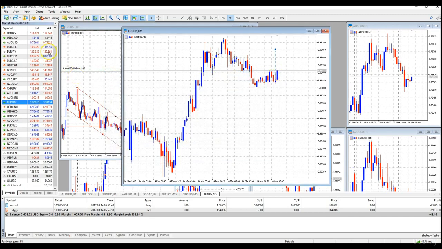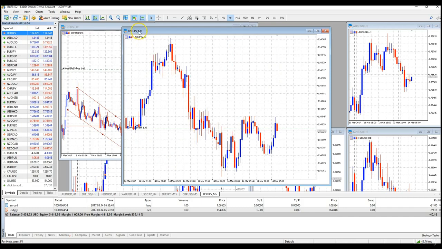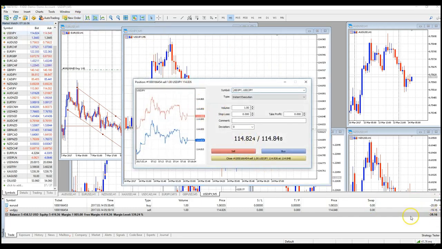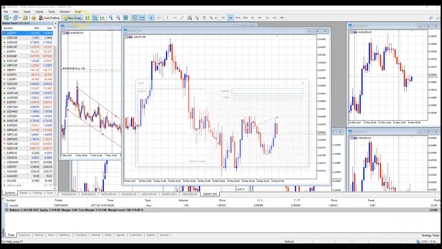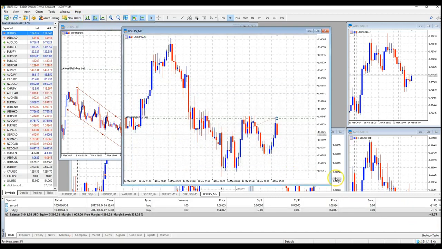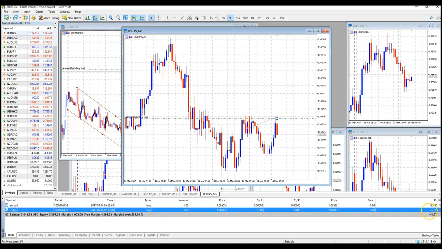Okay, so for example, if I were to trade USD Yen, and just pay attention to the terminal down below. So if I bought this, the pip spread is 2 pips. So if I buy one standard lot, it costed me about 20 bucks.